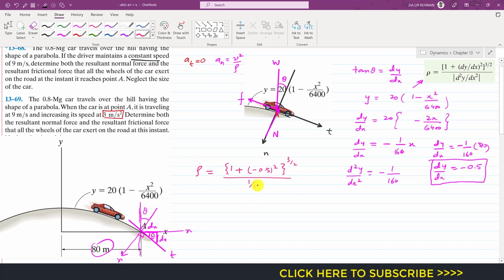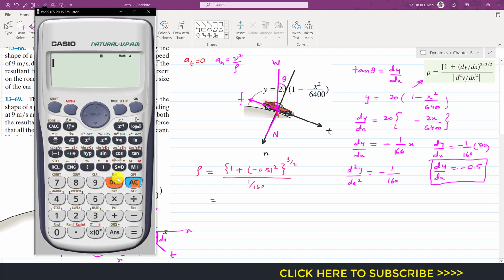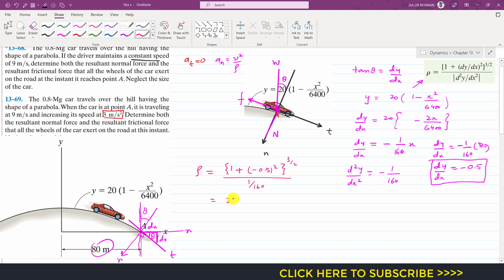We can find it using a calculator. So this is 1 plus 0.5 squared to the power 1.5, divided by 1 divided by 160. So this is 223.61. 223.61 is the radius of curvature at point A.